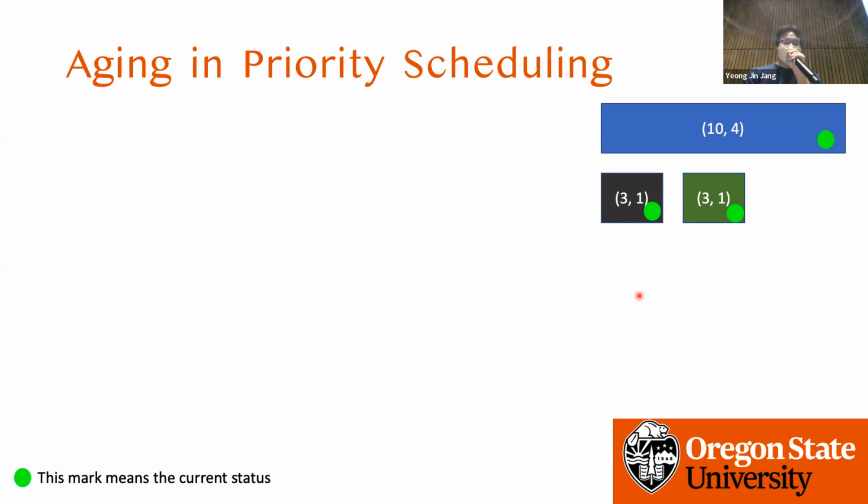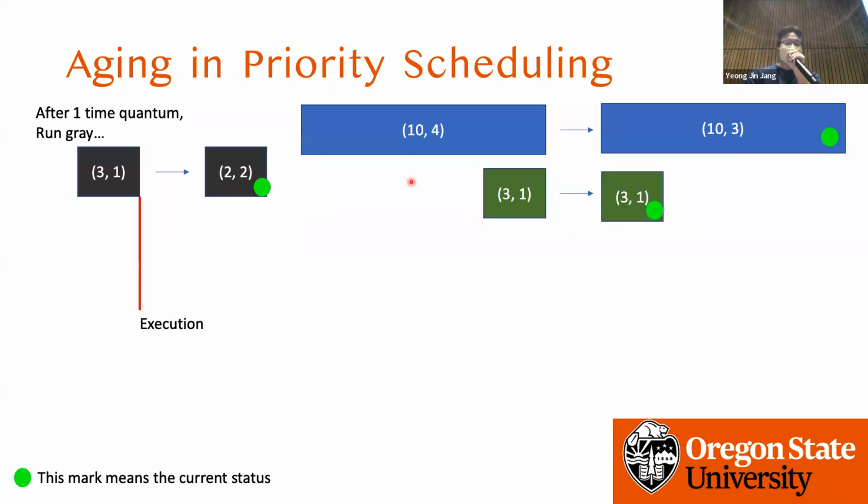Suppose we schedule the gray one, something like this. Then after running the gray one, we will decrease its priority to 2, because that process has already consumed 1 time slot. So we decrease its remaining time by 1 unit, and then decrease its priority by 1.